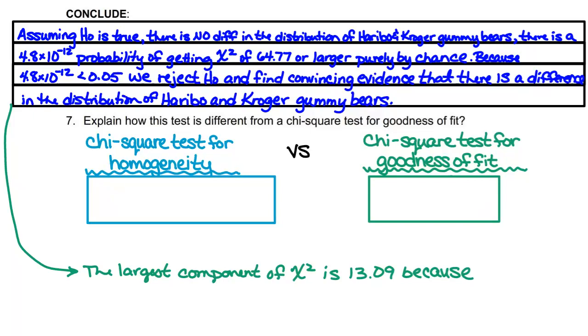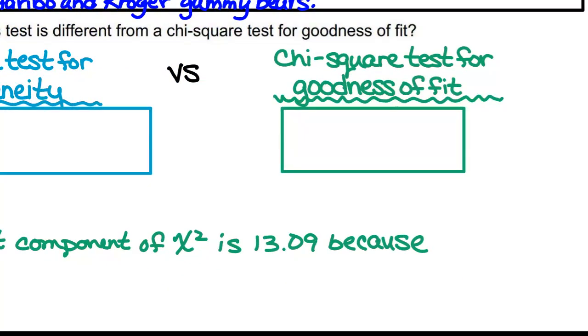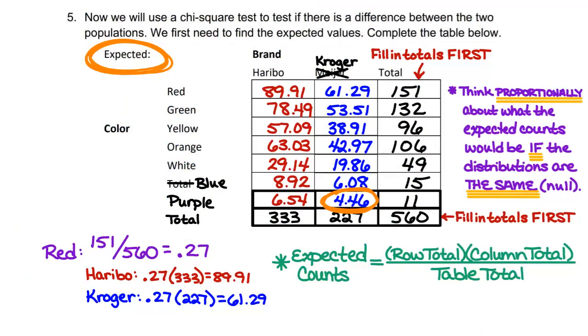This is the other reason why it's really important to know how you put that in the calculator. The blue Kroger band. Was it way more or way less than expected? Way less, right? What did we expect? Blue Kroger band, we expected 6.08. How many did we actually get? How many blue Kroger gummy bears did we see? 15.